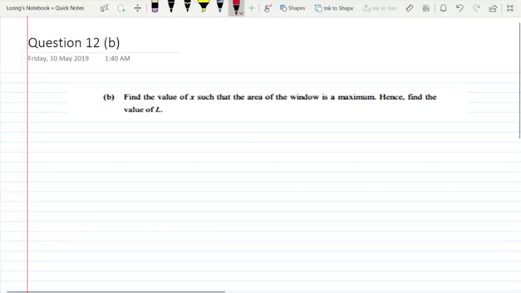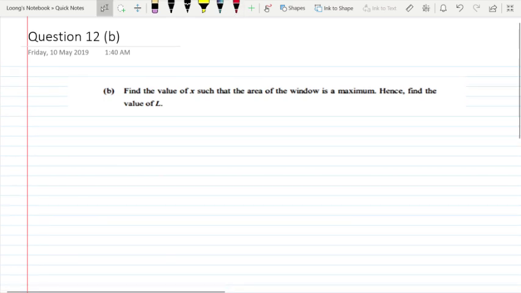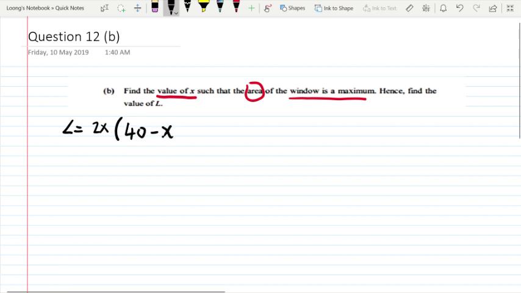And now we're starting off with question 12b. The question says find the value of x such that the area of the window is maximum. Earlier at question A, it was declared that the equation of L is 2x times (40 minus x minus pi x over 4).